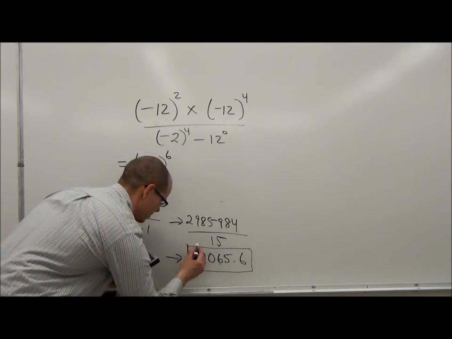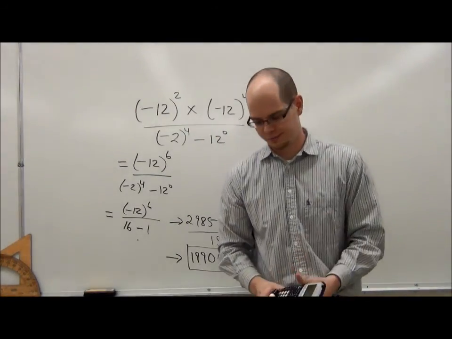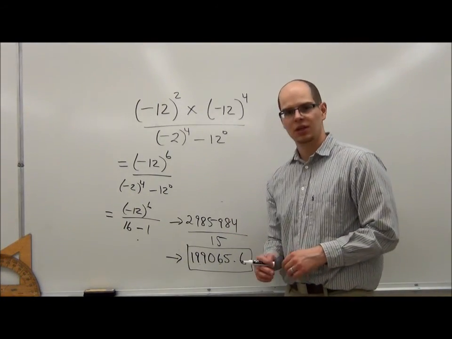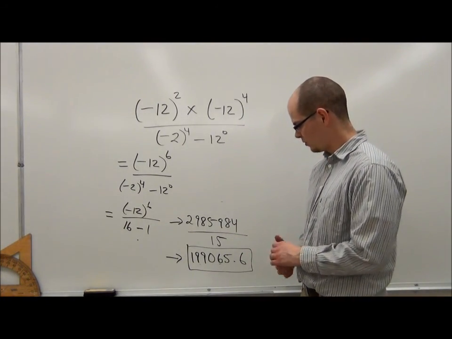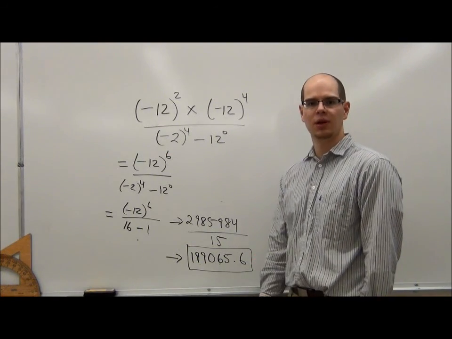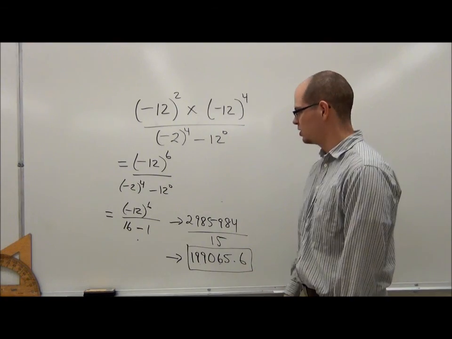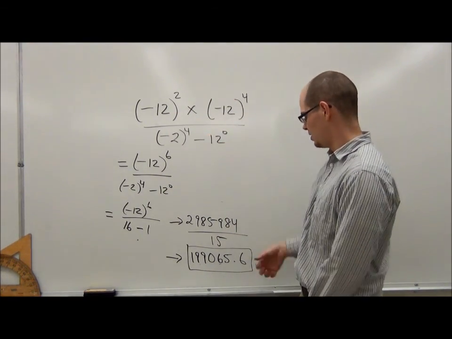Oftentimes you'll see your book talking about putting expressions in standard form. In exponents, standard form looks like this, just a single number. So we've gone through step by step, we've simplified, and we've actually taken this big expression and made it into a single number.